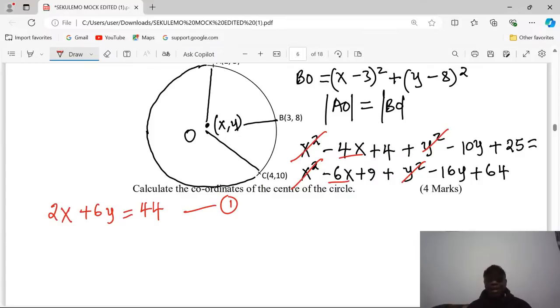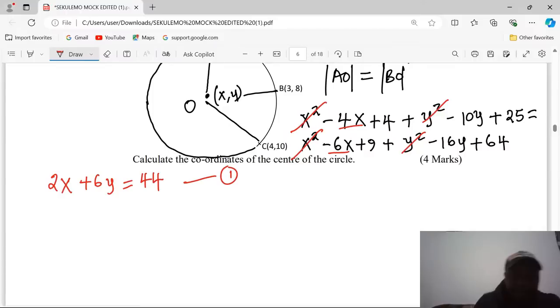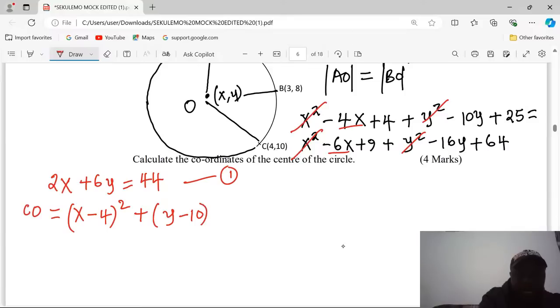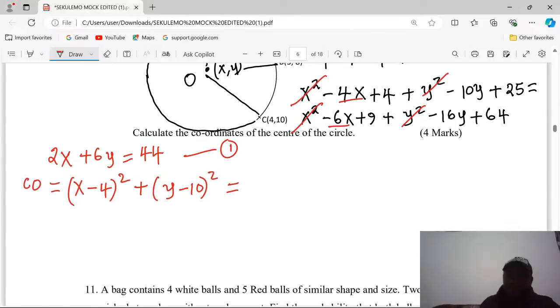I can come up with another equation by also getting the vector from C to the center. So from C to the center, that is a vector CO or OC. I need to get x minus 4, then I square, and I add y minus 10. I also square. I can expand actually this one.